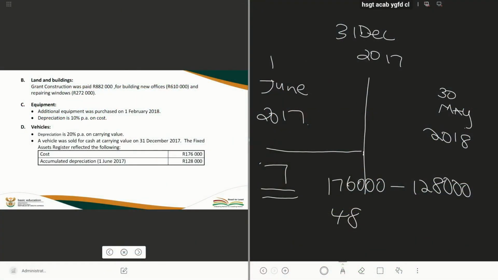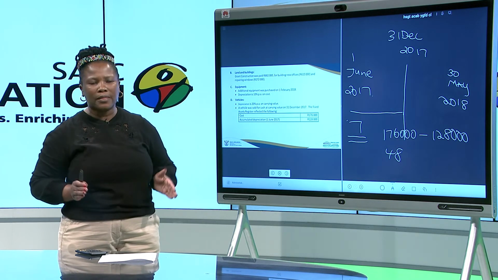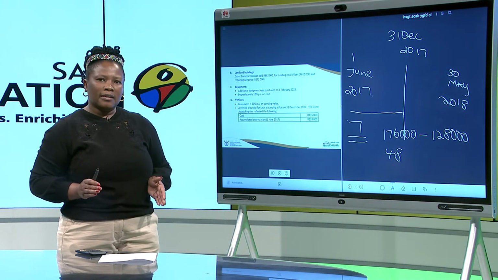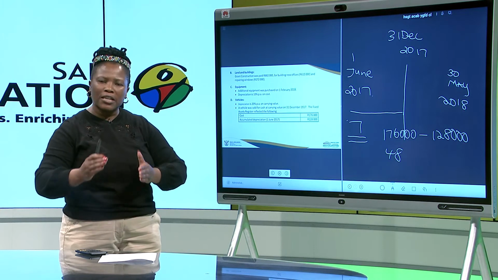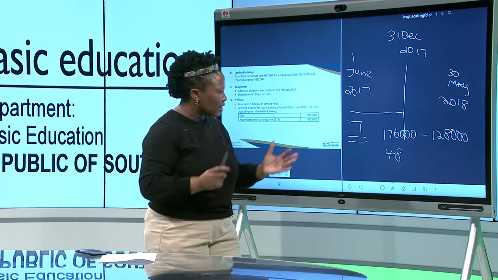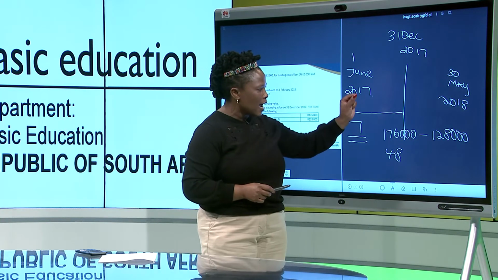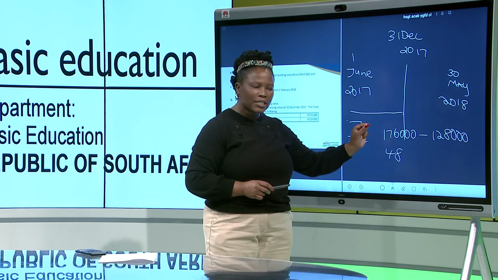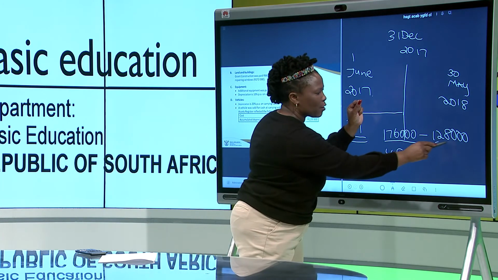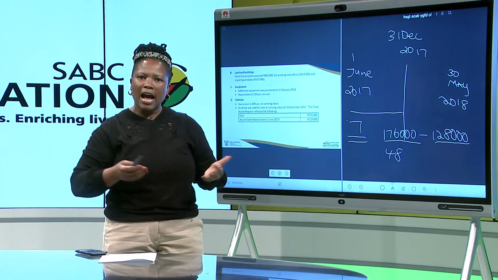This is an easy way of calculating, but I want you to use this method only if you feel comfortable with it. This is going to help you to do your calculations very quick and fast. But you need to count the number of zeros. Remember what I did when I was doing the calculations? I said 176 because I know the number of digits in those two figures are the same.